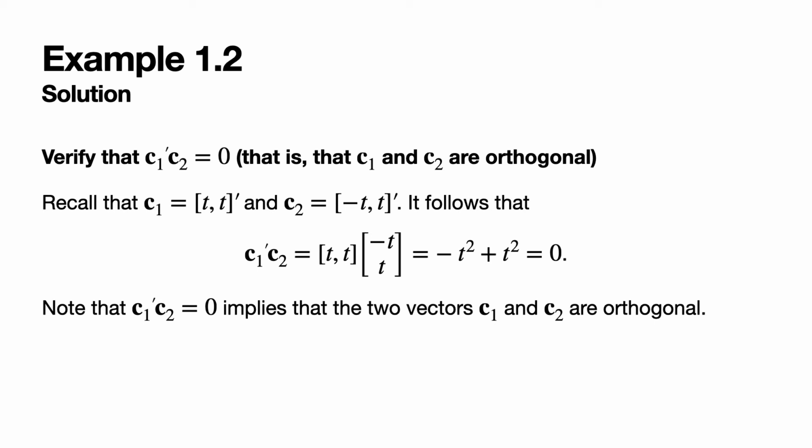So we see here that the inner product, C1 prime times C2, is equal to negative t squared plus t squared, and so that is in fact equal to 0. Because their inner product is equal to 0, this implies that the two vectors C1 and C2 are in fact orthogonal, as the theory tells us that they will be.